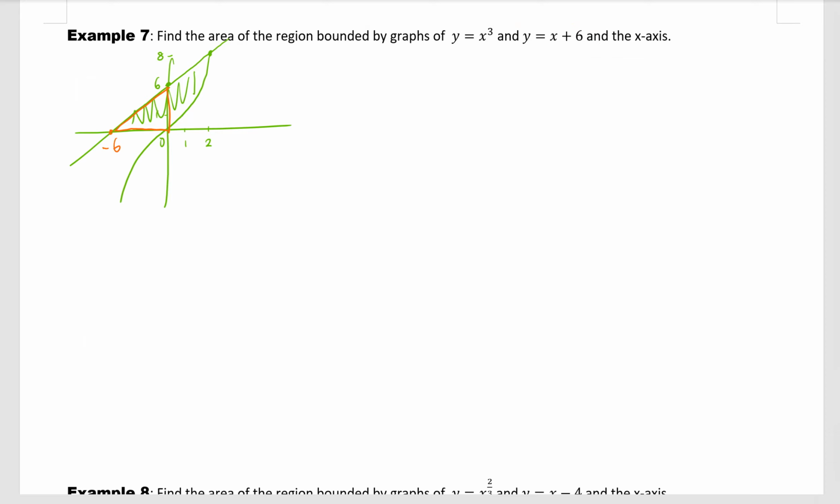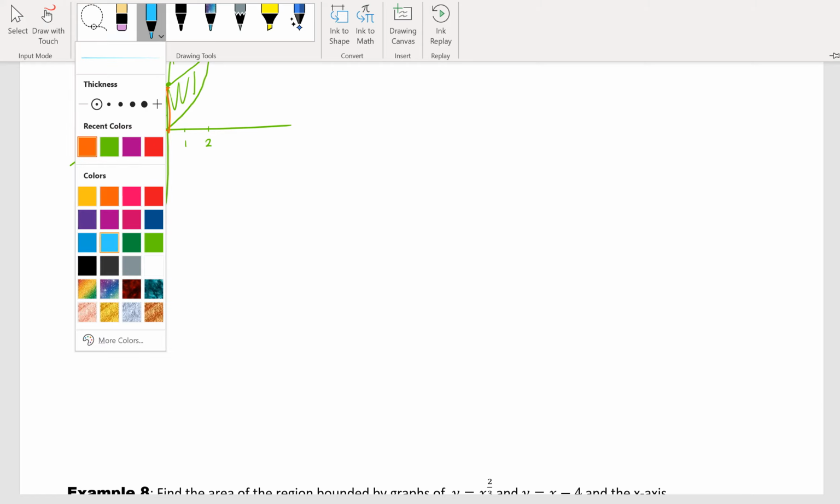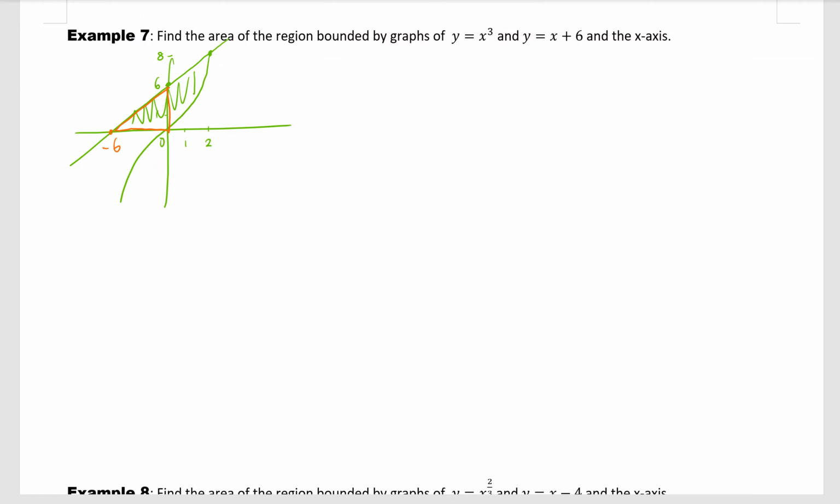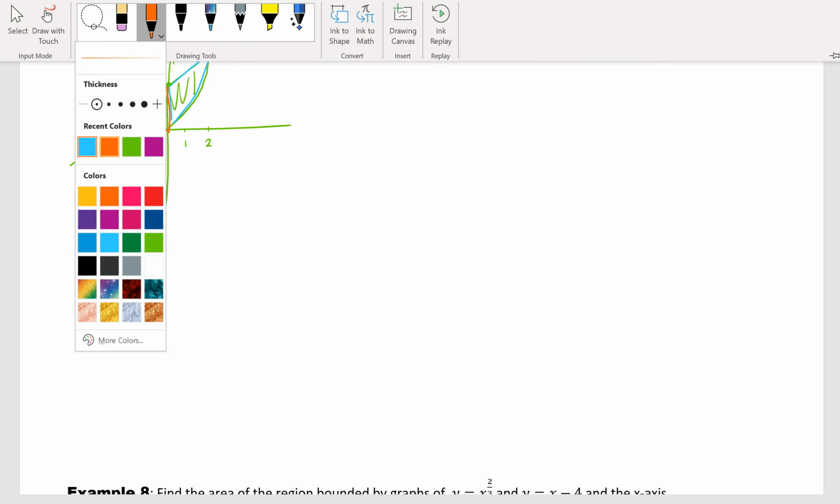The upper function is the line, the lower function is the x-axis. And for the other piece, the blue region, the upper function is the line, and the lower function is the cubic function. So that's why when you calculate the area, you need to split into 2 regions.